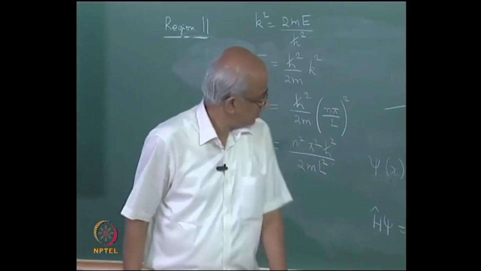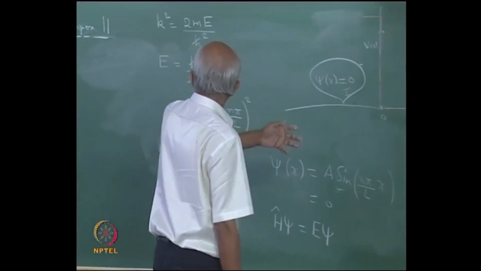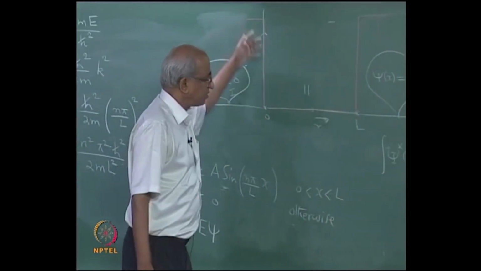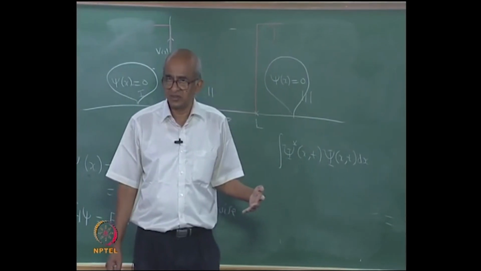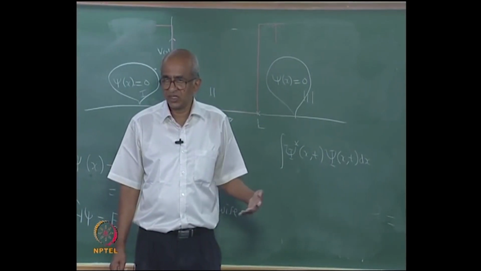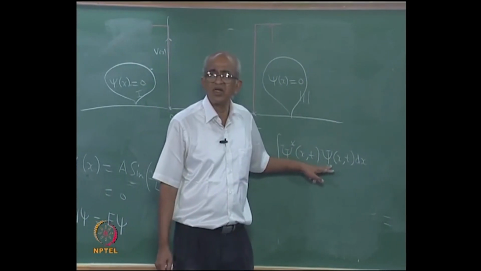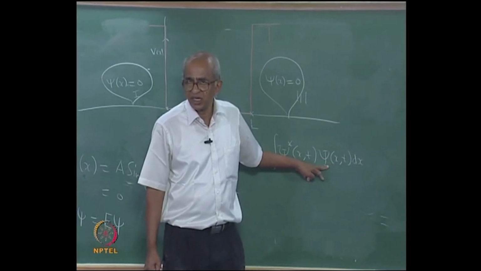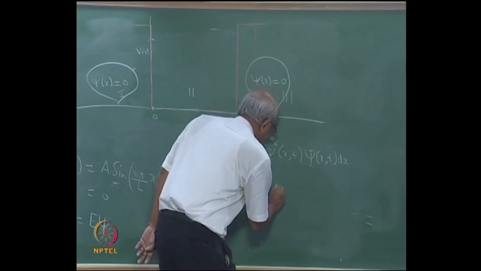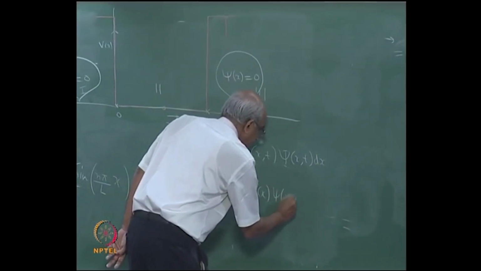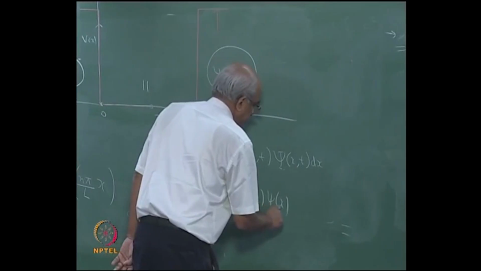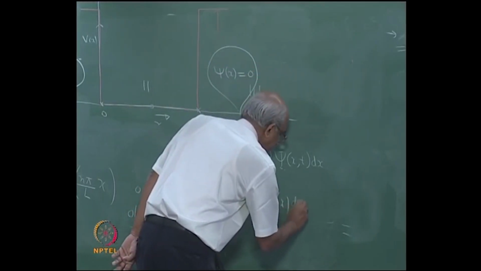But as far as the states that we are thinking of are concerned, they are all stationary states, correct. They are all stationary states. So, therefore, psi star psi will not depend upon time. So, what is going to happen is that you would have psi star of x, psi of x, this product, into dx.